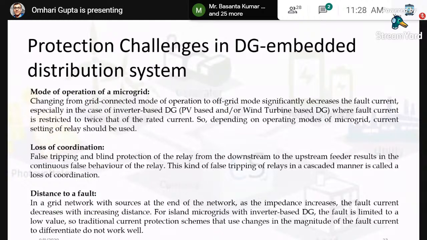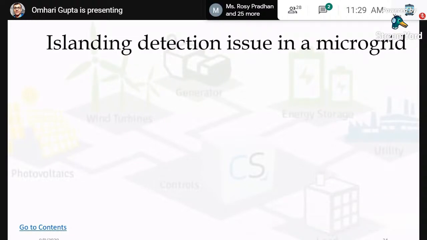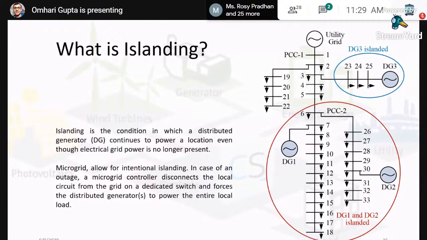Now coming to the islanding detection issue in a microgrid. What is islanding? Whenever the utility grid is not available, this network is supposed to be islanded, where you have distributed generation and several loads.